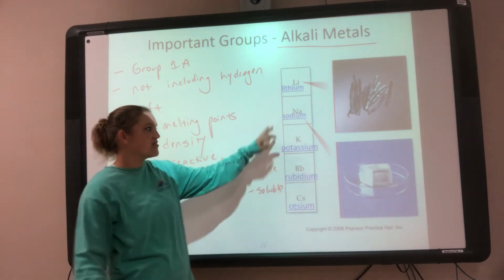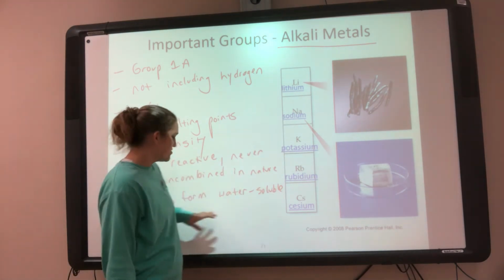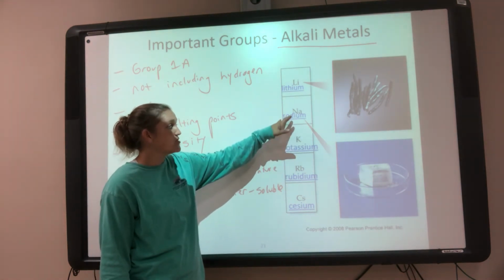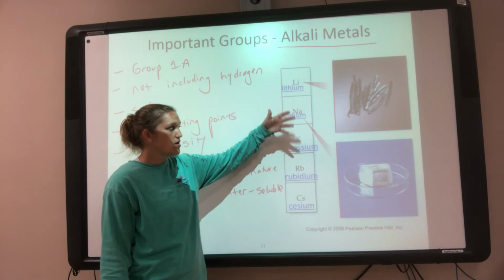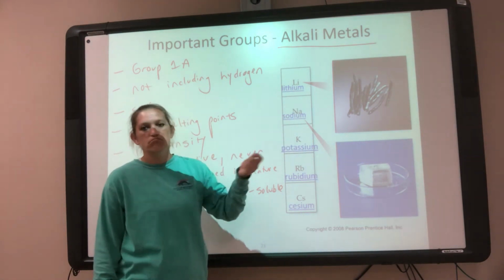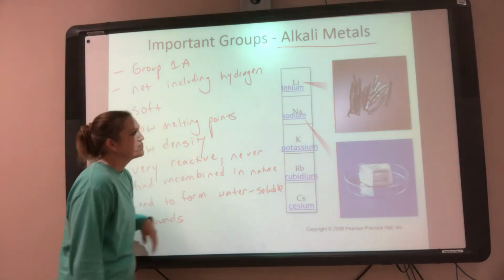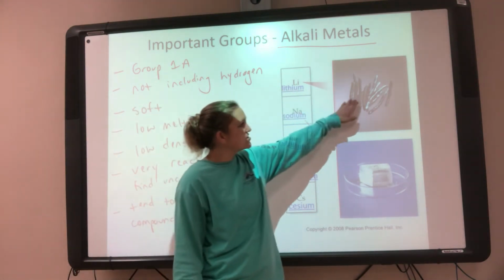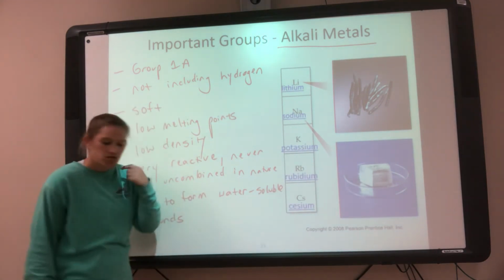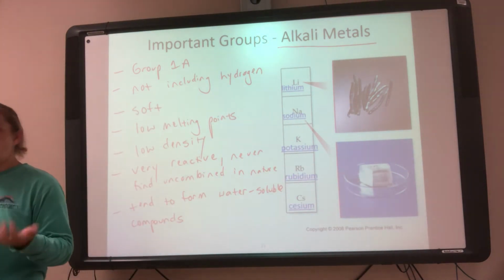So sodium is going to form with chlorine to make sodium chloride. It's a sodium compound that dissolves in water, because you can put your salt in water. Just some pictures: lithium, this is kind of what it looks like, pure sodium, etc. So that's my first group, my alkali metals.